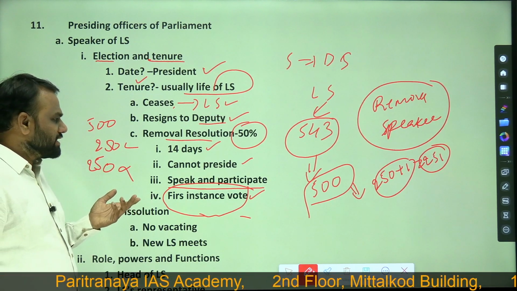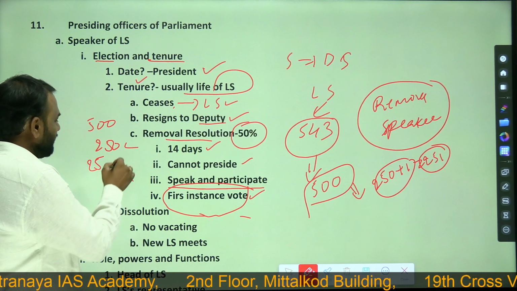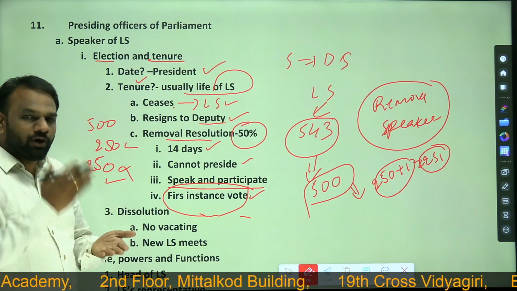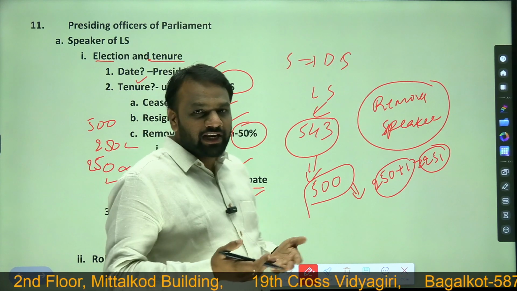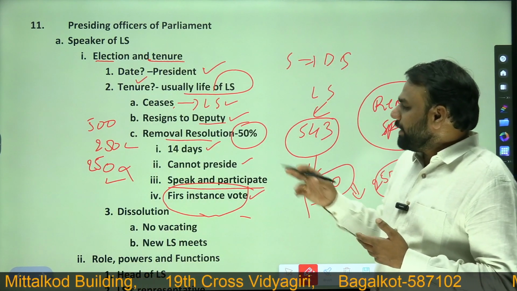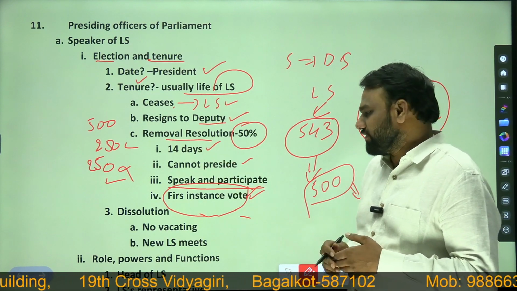So in this case, what happens? Speaker will cast a vote. It will be called as casting vote, in order to break the tie. But when the Speaker's removal resolution is under consideration, Speaker cannot make a casting vote, so he can vote in the first instance. Okay, in the first instance itself he can vote.